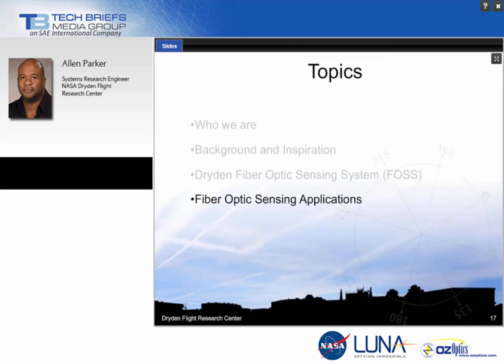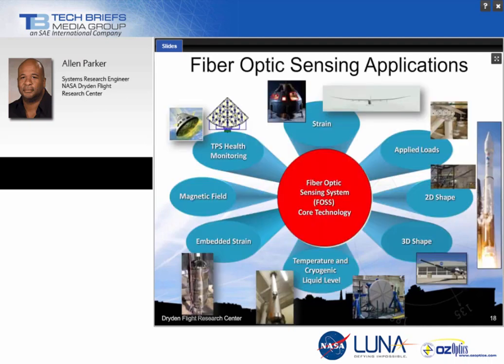So now we're going to move on to the applications. You see a flower here, and I call it a flower. My colleague doesn't like for me to use the term flower, but I like it, so I'm going to stick with it. To help us along, we decided to divide the rest of this discussion into specific parameter measurements and the field of use where it's been applied.